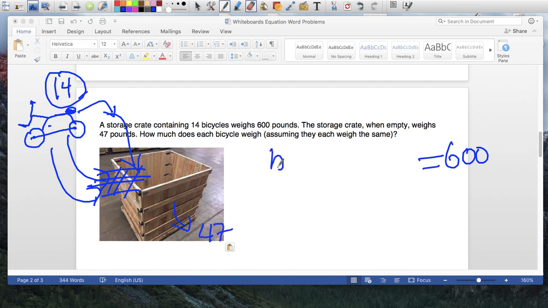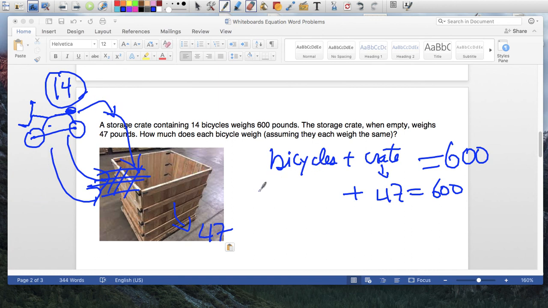So I get bicycles plus the crate equals 600 pounds. So the crate, I know it's 47 pounds. What about the bicycles? Remember there's 14 bicycles. What is the weight of one bicycle?